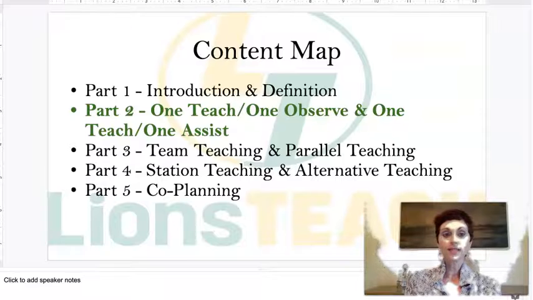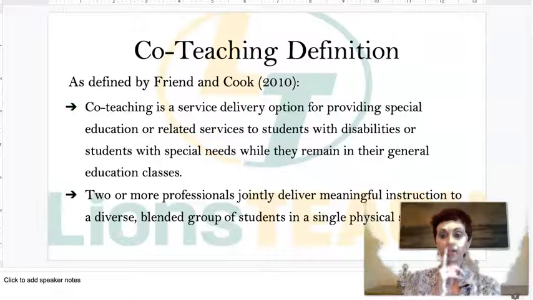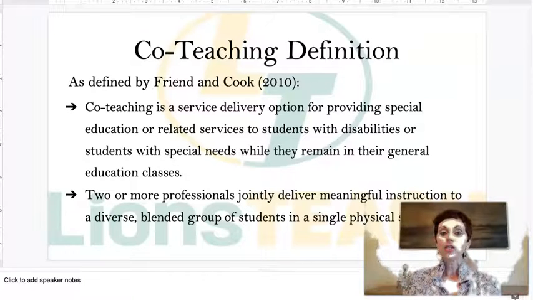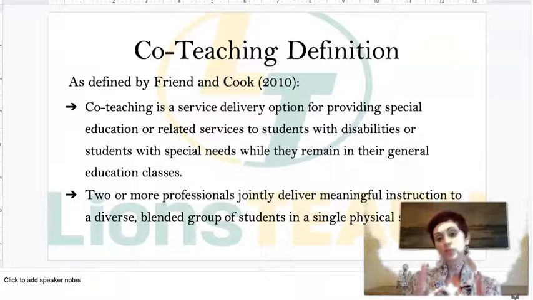Just as a reminder, we're using the definition of Dr. Friend and Cook to focus our work. And it is important to remember that co-teaching, that last bullet, is two or more professionals jointly delivering meaningful instruction to a diverse group of students in a single physical space.